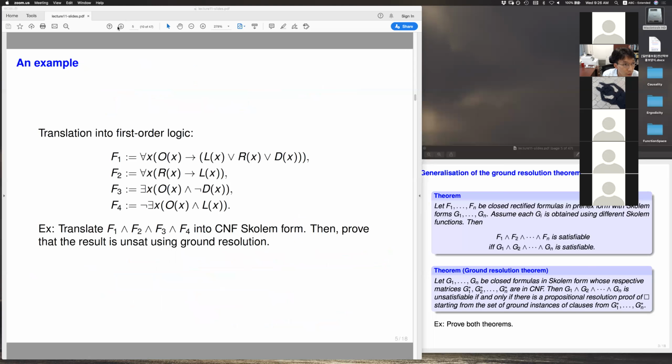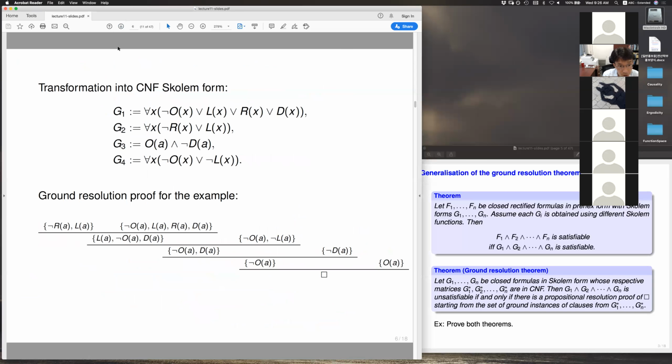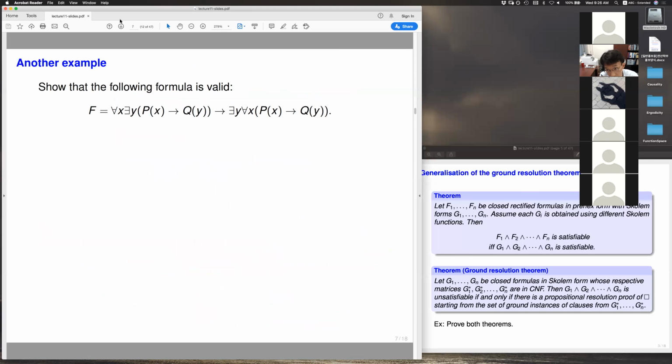So now let's move on to the next example. That's the example that I just showed you. Here's another example that I want you to try. This is the formula that we want to check. We want to show it's valid. The formula is: for all x exists y, this implication, is equivalent to exists y for all x, this implication.